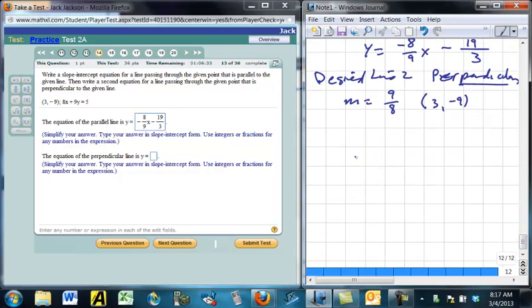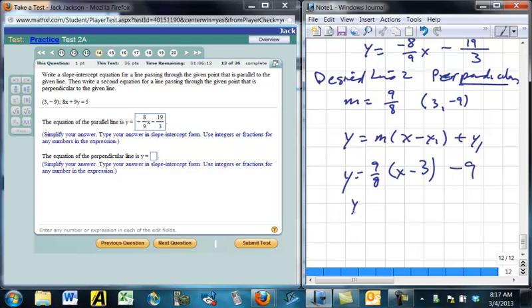Okay, and we should still use the same form like this. So this is still negative 9, and the x1 is 3. The slope this time is 9/8.